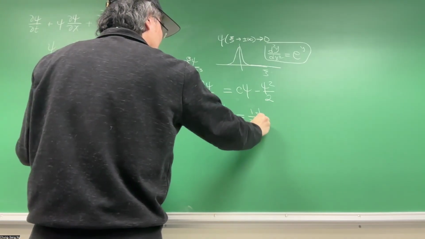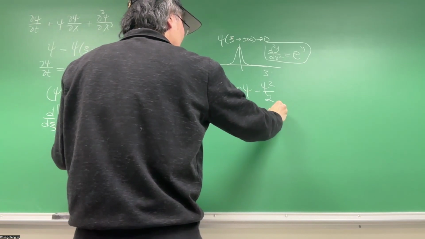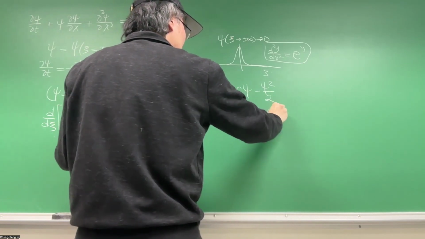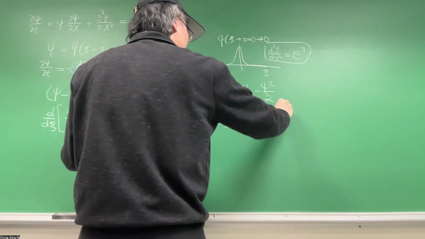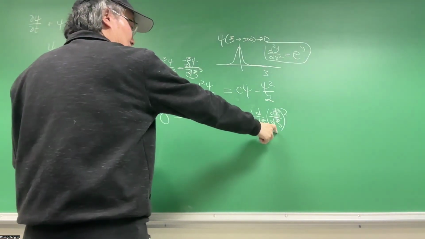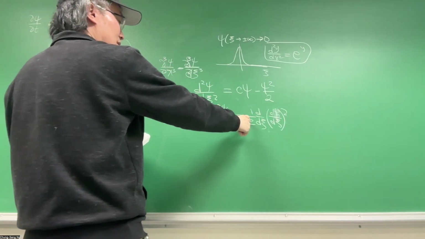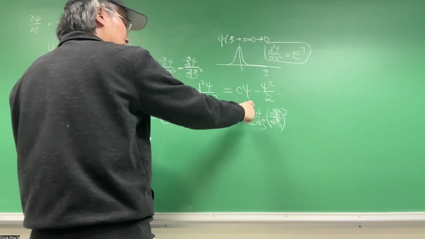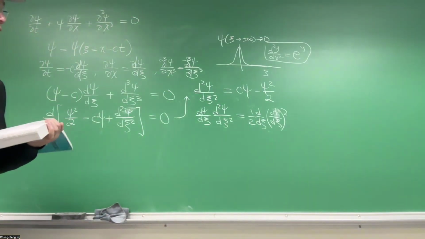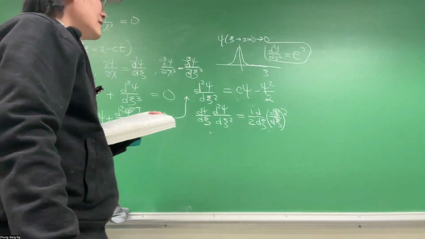And that combines to one half of d/dξ of (dψ/dξ)². This one you work out the derivative, pull out a factor of 2, cancel with this one. You have dψ/dξ times the second derivative, d²ψ/dξ². So that's the left-hand side.